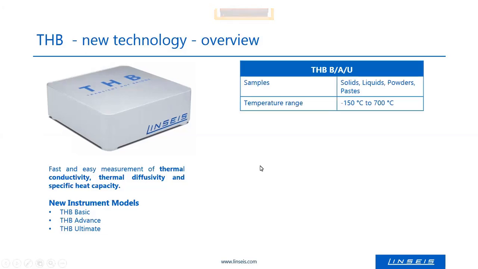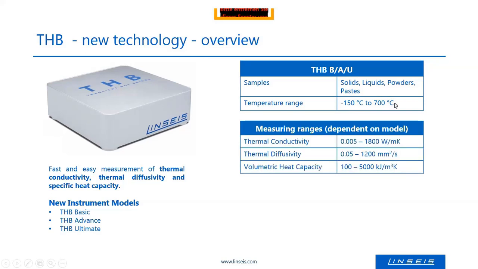With all three, you can measure solids, liquids, and powders and paste in the temperature between -150 degrees Celsius and 700 degrees Celsius. The conductivity range with respect to the thermal conductivity, the diffusivity, and the heat capacity depends on which model is used.